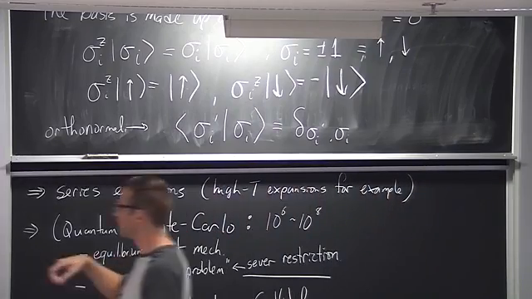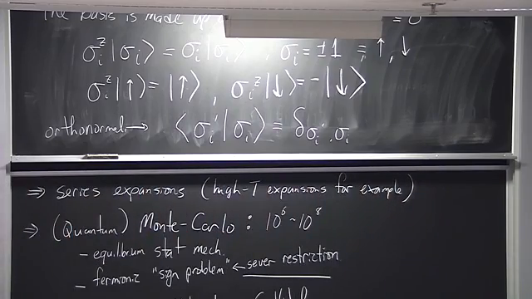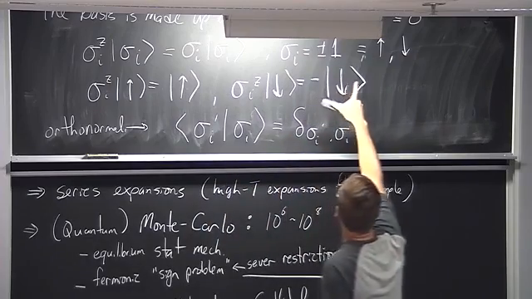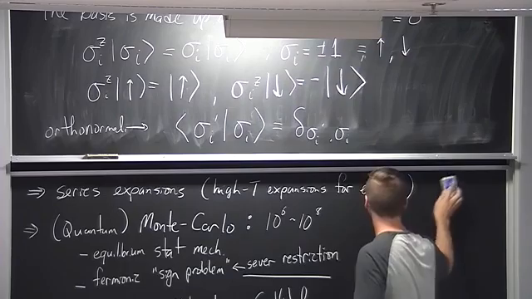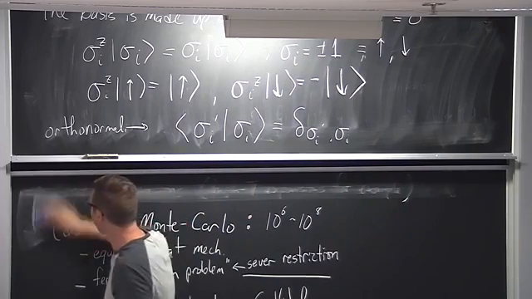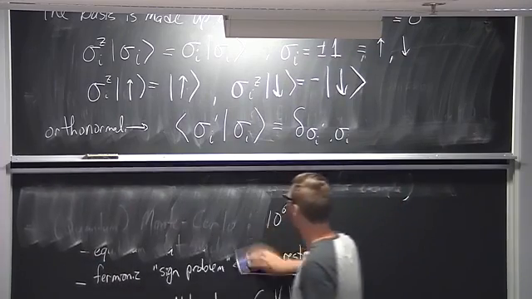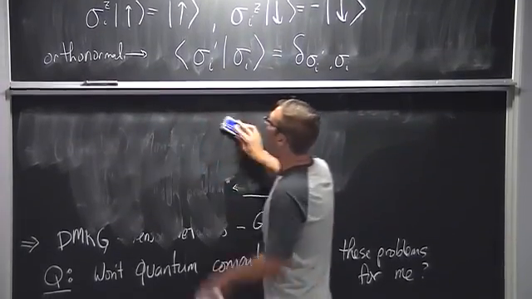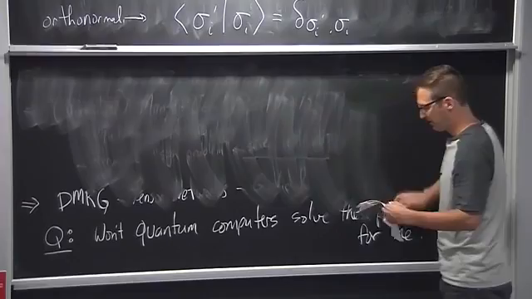And if they're on different sites, if the i label is different, again, things commute because you have that delta ij up there. So that's the single site properties.